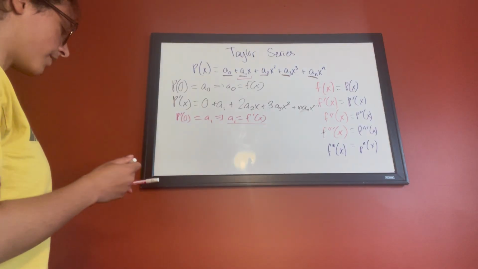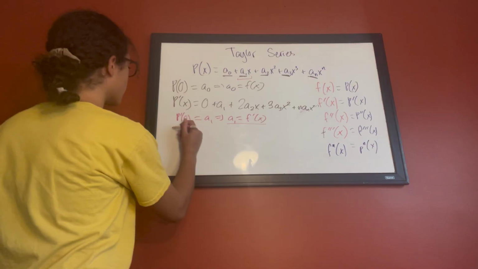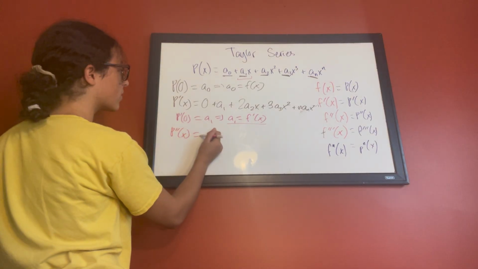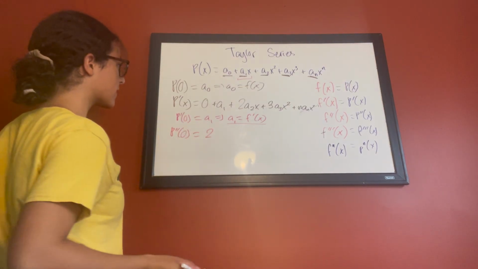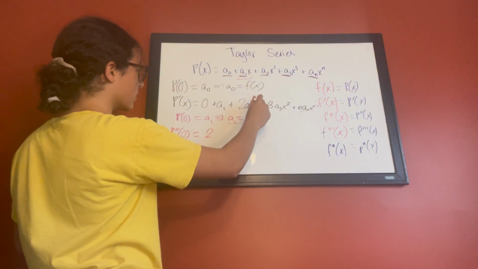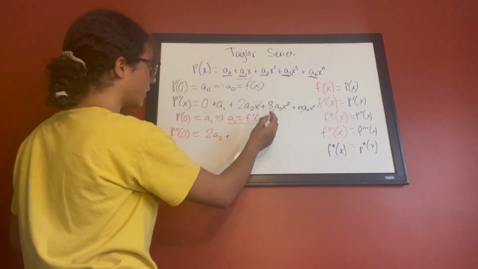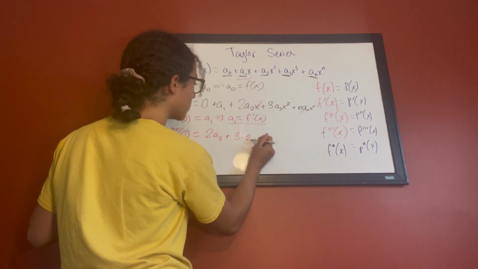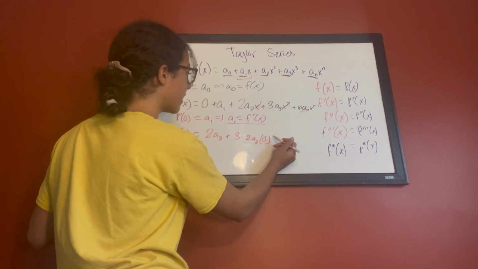So let's see. When I do the second derivative, this x will disappear, we'll get 2a2. Plus 3 times 2a3 times 0, that would be x.